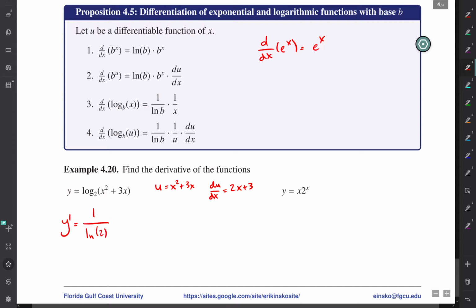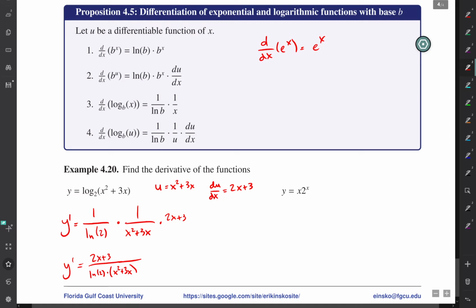So 1 over natural log of 2 times 1 over u. Well, u is x squared plus 3x, times du/dx, which is 2x plus 3. And so this is 2x plus 3 over the natural log of 2 times x squared plus 3x is our final answer.